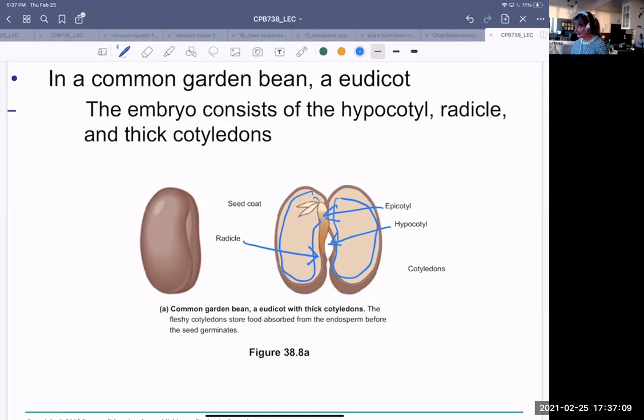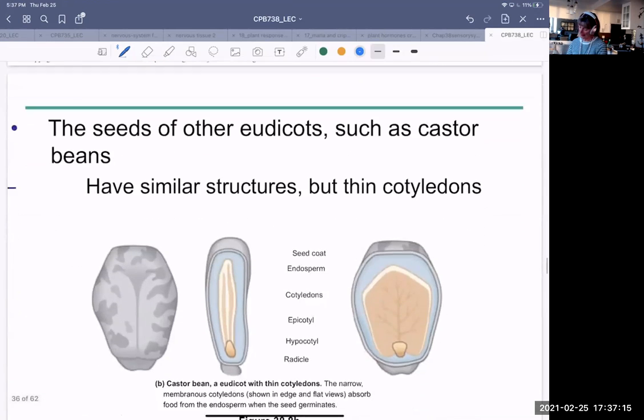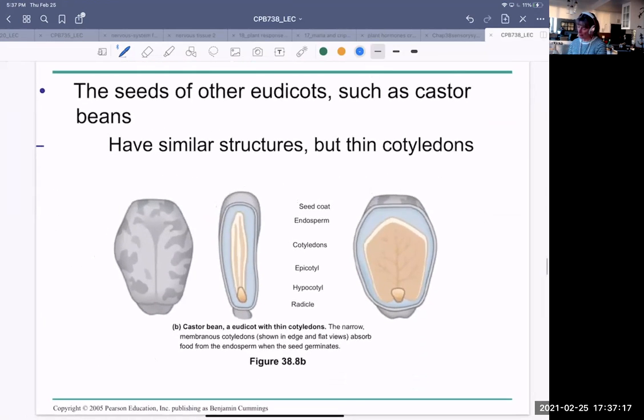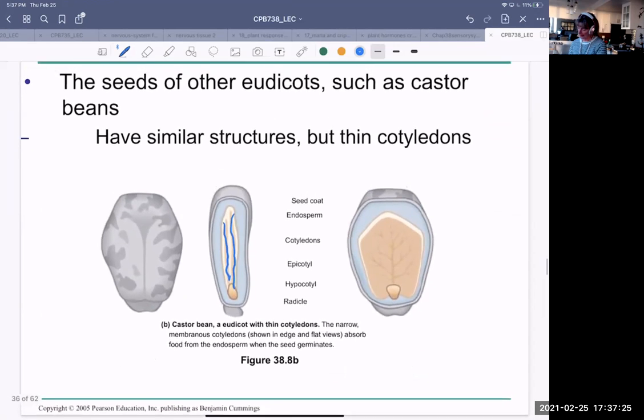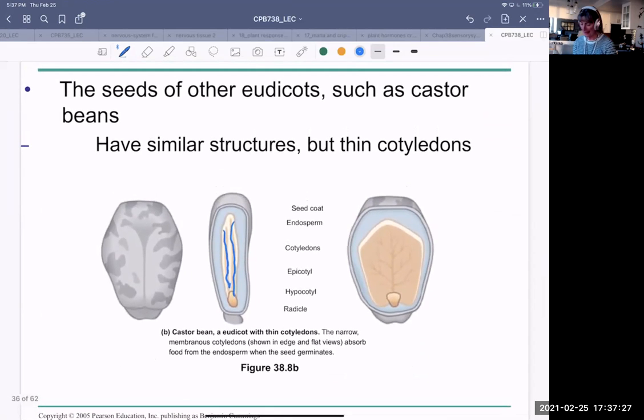So that's where the embryo will get its supply of food. Castor beans are similar, but they have very thin cotyledons. And instead, the embryo absorbs food from the endosperm.